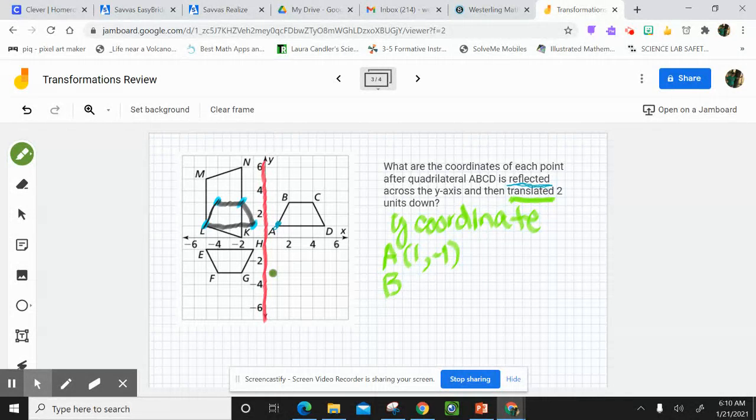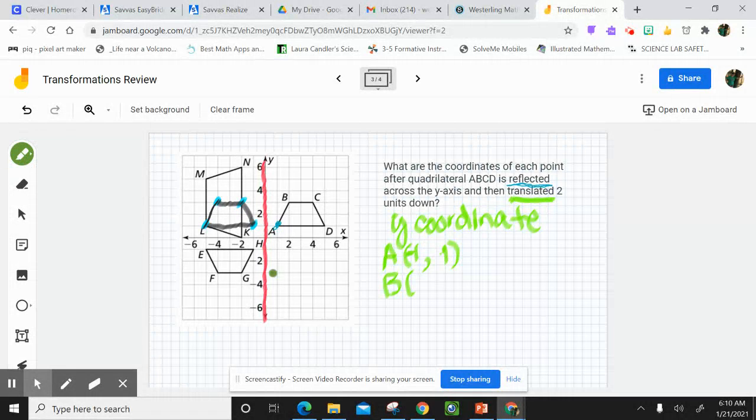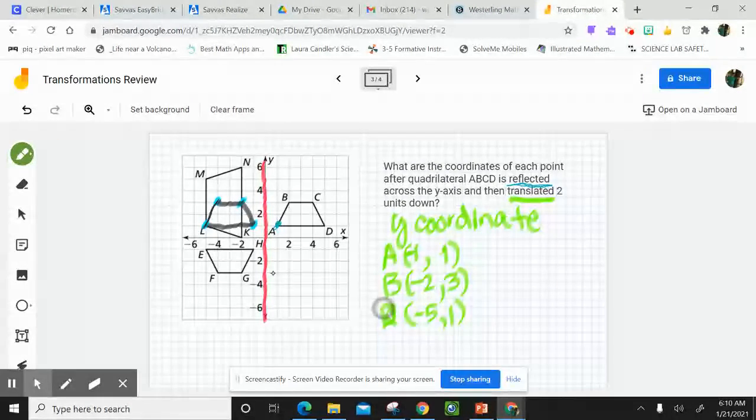B is now at -2, 3. D is now at -5, 1. And C is now at -4, 3.